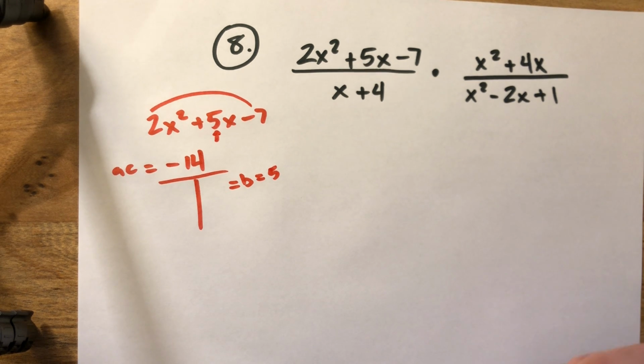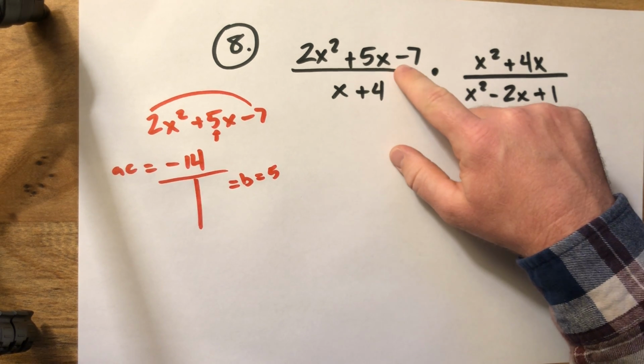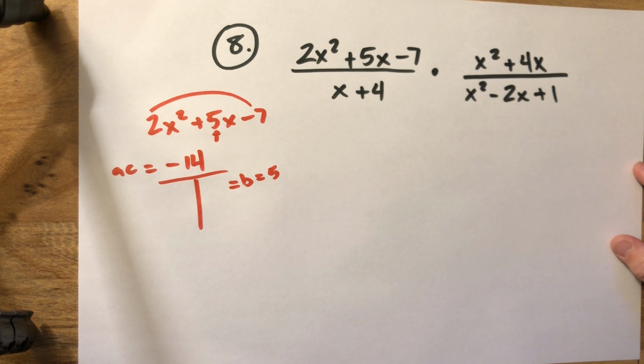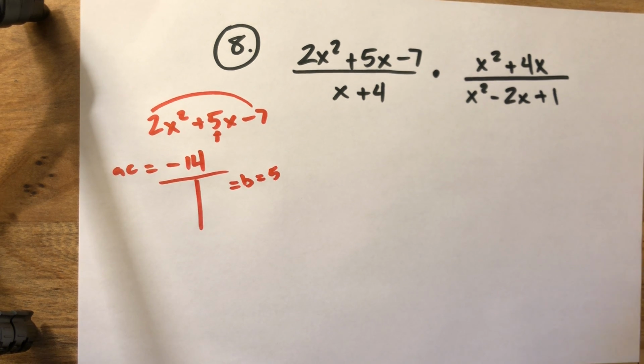And it is a positive 5, and that makes a lot of difference. So let's think about that. I need factors of negative 14, so I know one of them has to be negative. The problem also tells me that they're going to be different signs. And they have to multiply to get negative 14, but add to be 5. Since that 5 is positive, I'm going to make the larger number positive because I want more positives left over.